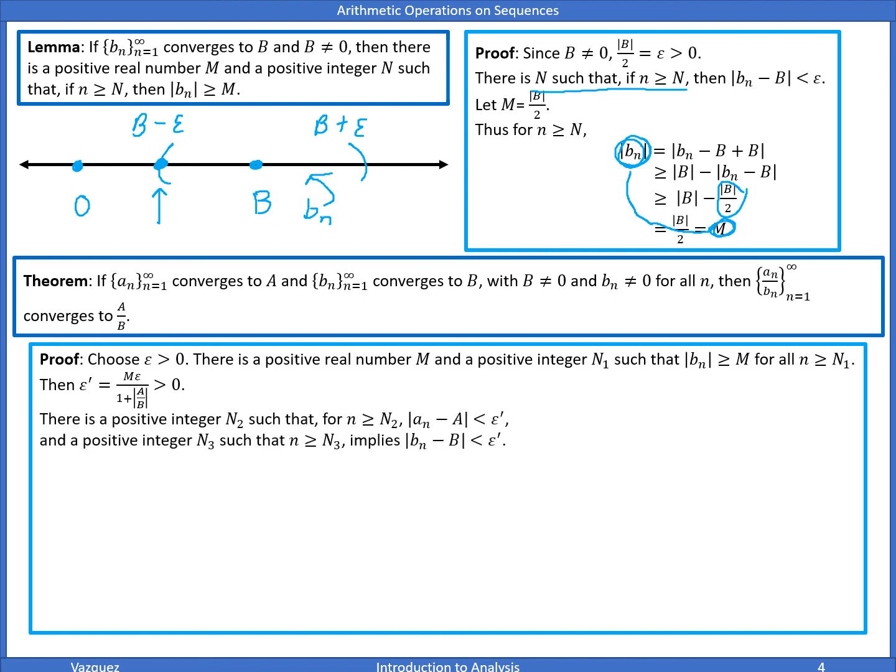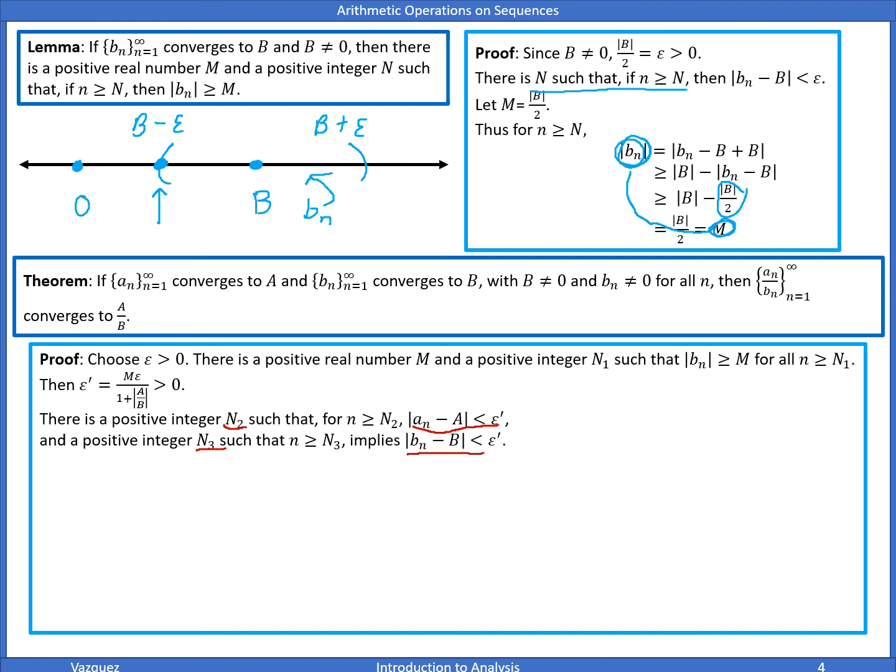So here we're saying, okay, an converges to a. So there's an n2 such that it converges to a and it's less than epsilon. There's an n3 for sequence bn converging to b. Just a bit of formalities here.